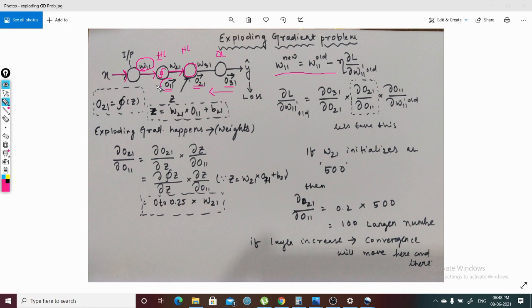So if you take the derivative for the backward propagation using the chain rule, it is the derivative of this output with respect to this output, and the derivative of this output with respect to this output, and the derivative of this output with respect to that particular weight.